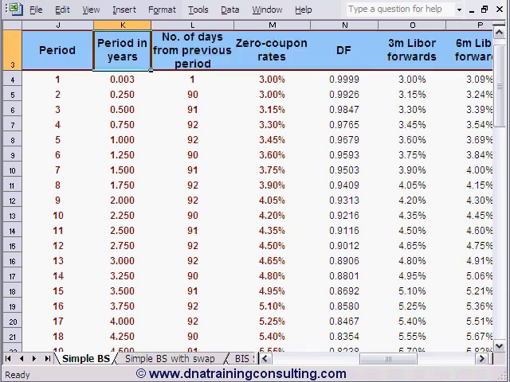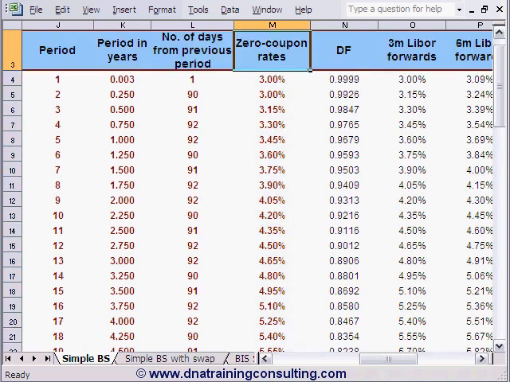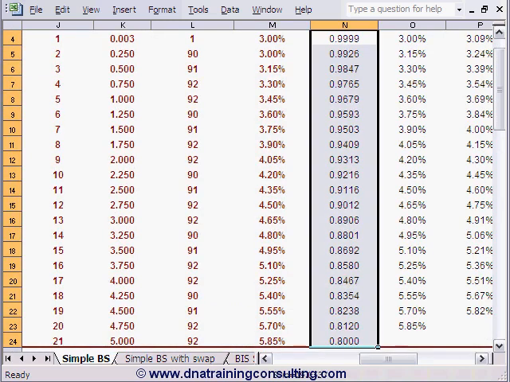Relevant zero coupon rates are shown in cells M4 to M24, the day count convention again being assumed to be actual 360. Discount factors appear in cells N4 to N24.